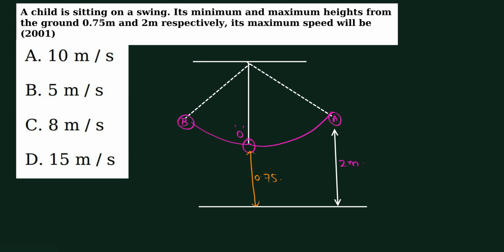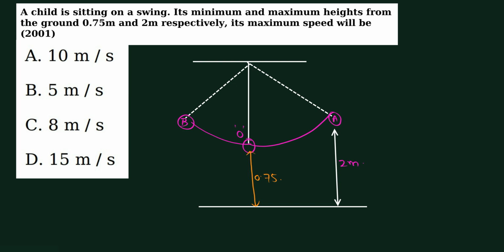When you move to a position where the height is more, you have more potential energy. When the swing moves towards the O direction, the equilibrium position, the height decreases and velocity increases. That means potential energy decreases and kinetic energy increases.